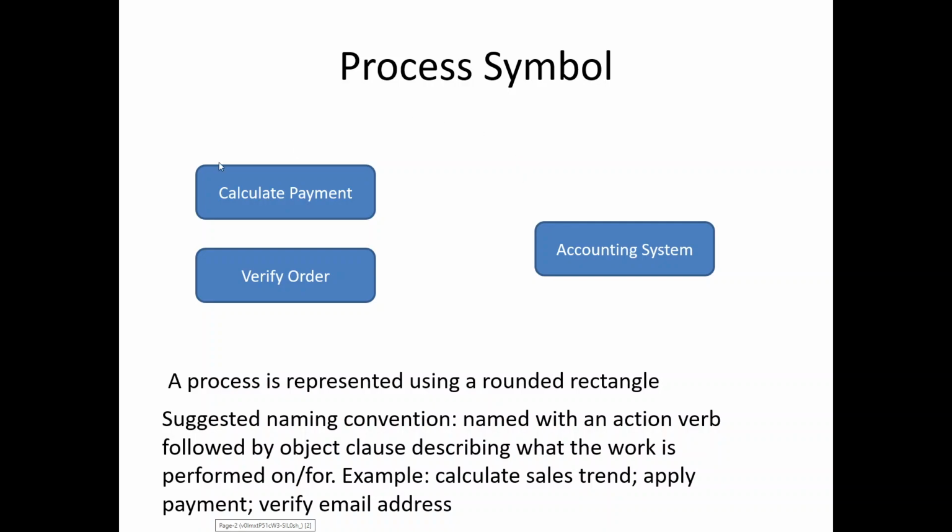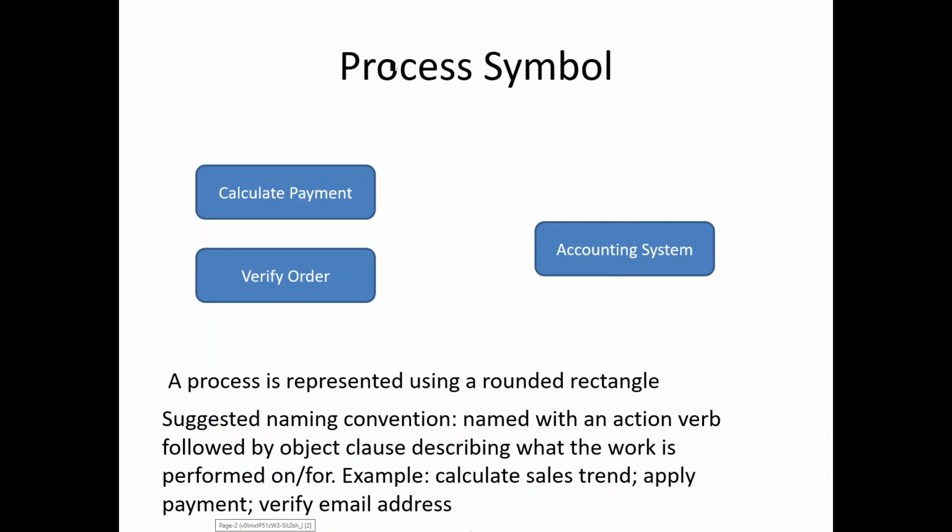And here we have some examples, such as calculate the payment, verify order, and we have some more examples here. It is just a suggested naming convention because sometimes you may find it better to just put down the name of the system or subsystem you want to develop, just like this.